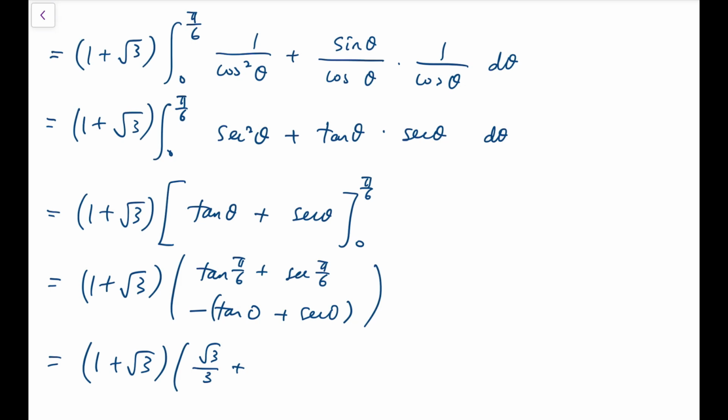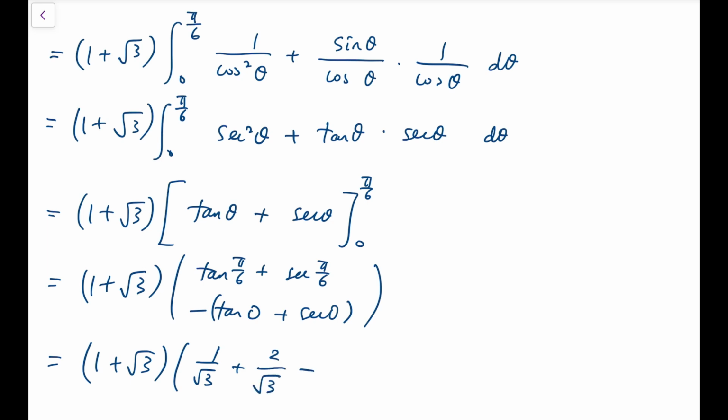Secant of pi over 6 is 1 over cosine of pi over 6, so that's 1 over root 3 over 2. So I'm going to rewrite the first term, tangent of pi over 6, to be 1 over root 3 instead, and secant to be 2 over root 3.